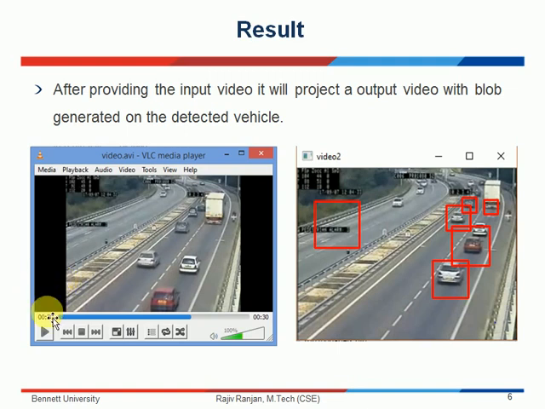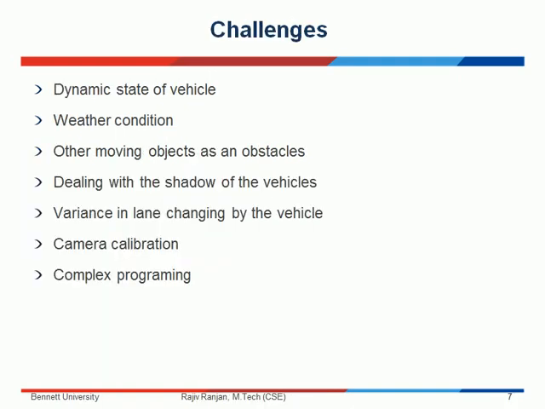But to get this result, we can face various challenges, like the dynamic state of vehicles and the weather conditions. If there is so much fog and rain, it might happen that the camera is not working properly, and other moving objects can be obstacles. There is also dealing with the shadows of the vehicles, and variance in lane changing by the vehicles.